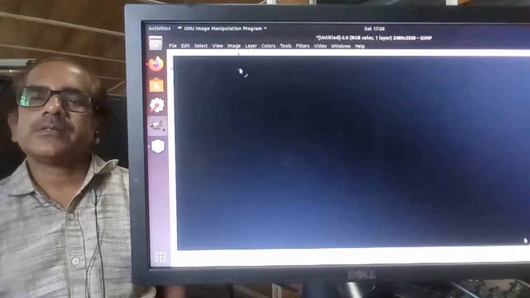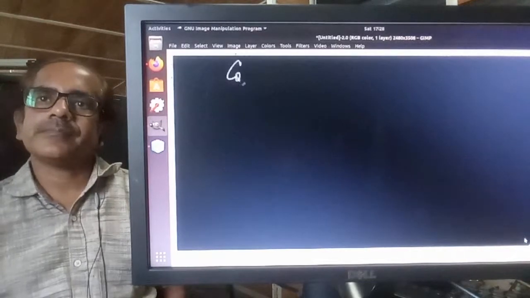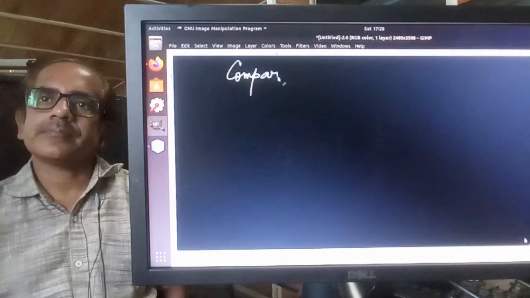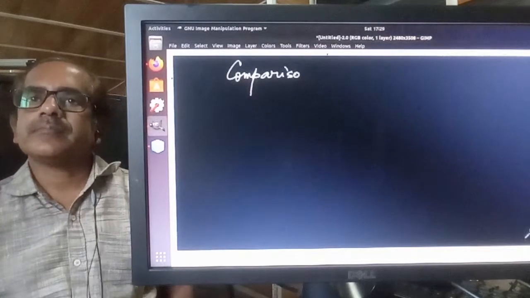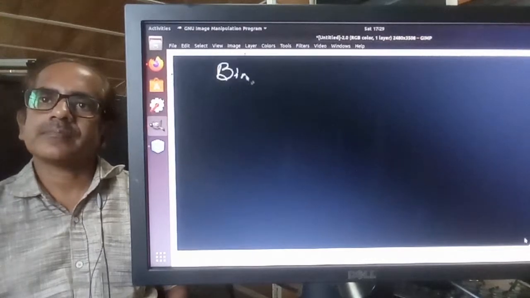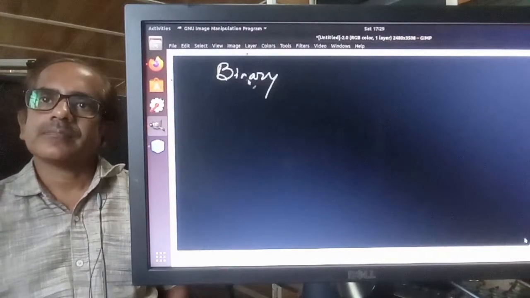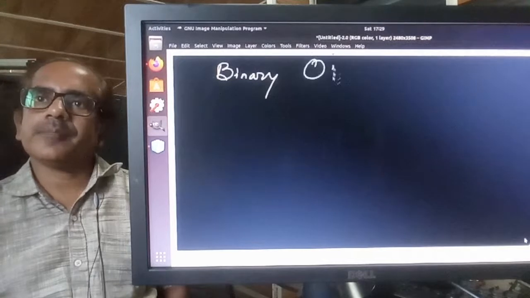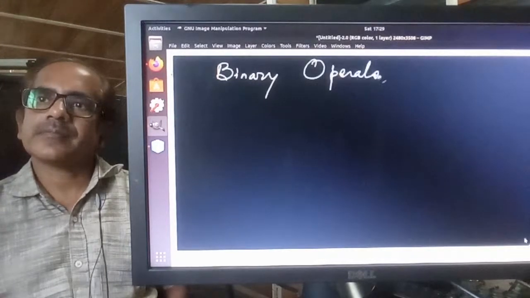It is comparison operator. Binary operators continued.